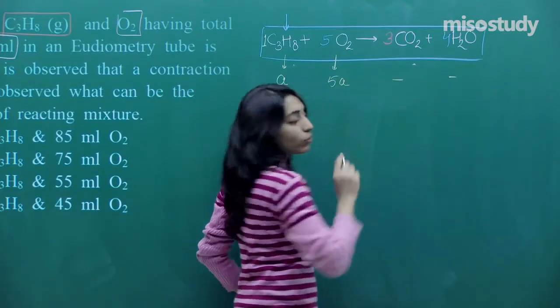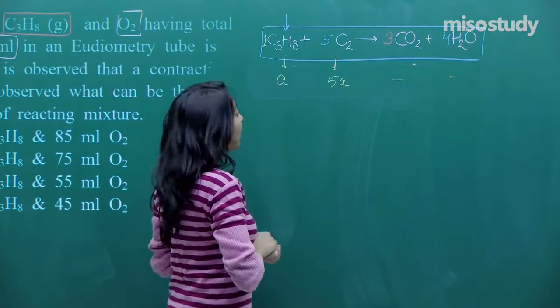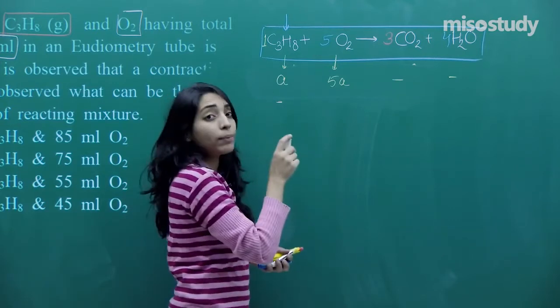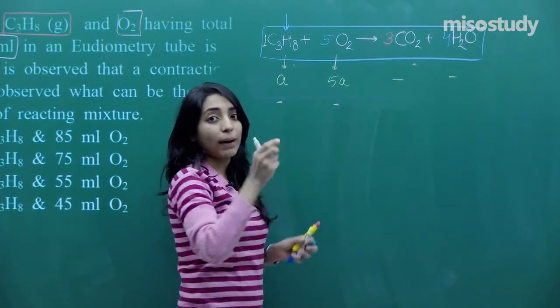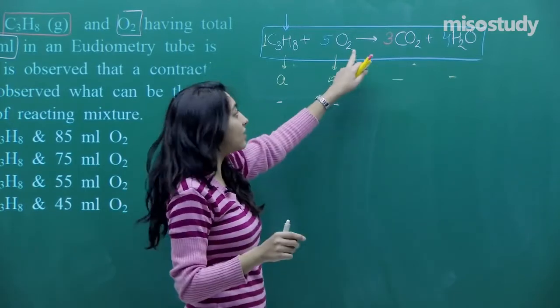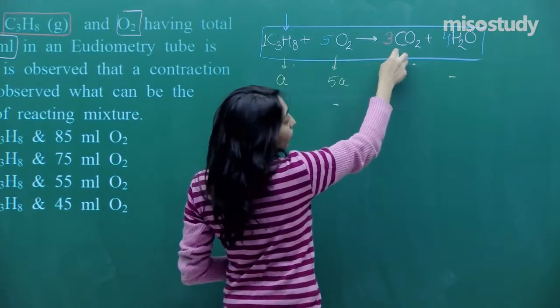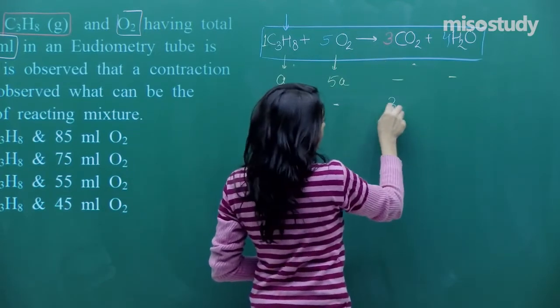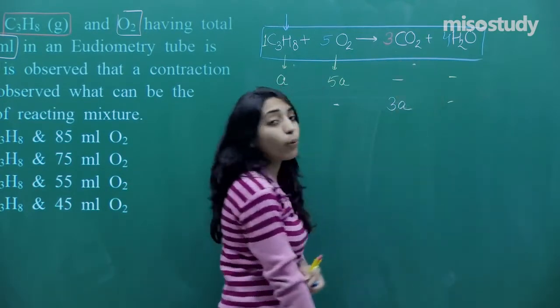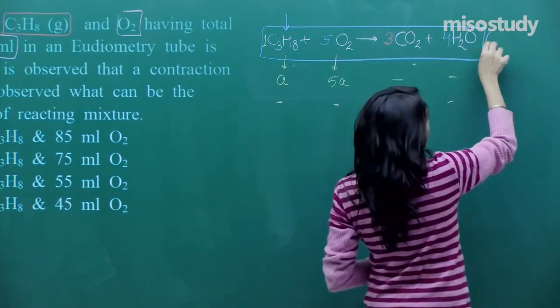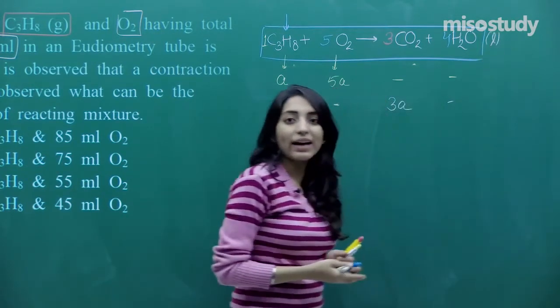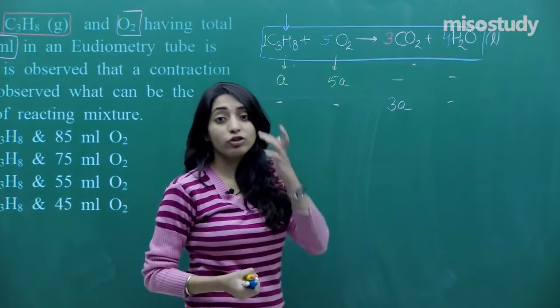Earlier this was nothing, so finally this got used up, and 5A of oxygen got used up. The remaining amount of oxygen is still there. And how much will be produced? 1 will form 3, so A will form 3A. And water will be produced in the liquid state, so that is the reason why there is a contraction in the volume.